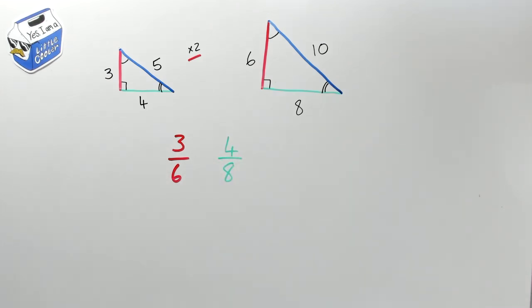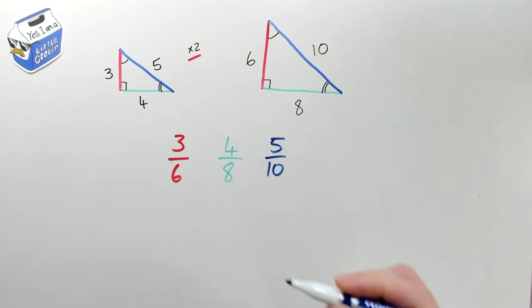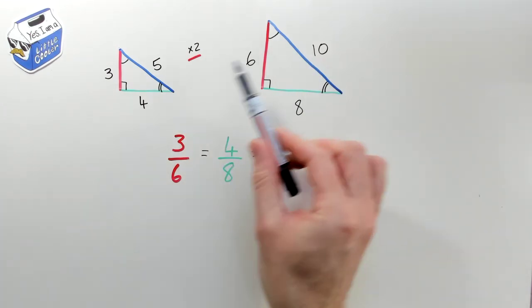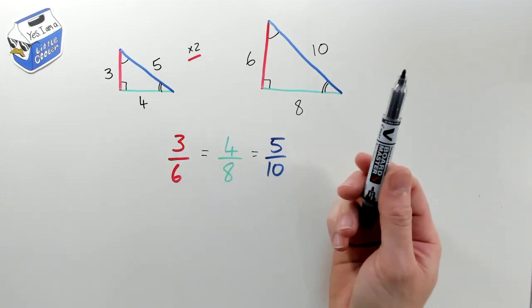That's a half as well. And it's the same with the 5 and the 10. So all of these are equal. When we have similar shapes, the ratios of corresponding sides are the same and they give me the same answer.